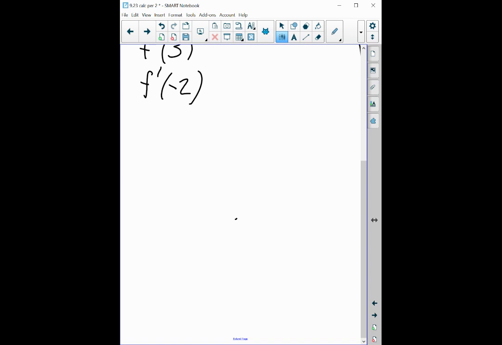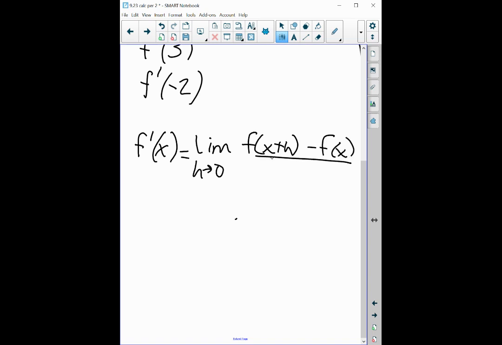All we have to do is generalize how we calculate slope. Finding the slope at any point is finding f prime of x, which means any x value. That would be the limit as h goes to 0 of f of x plus h minus f of x, all over h.